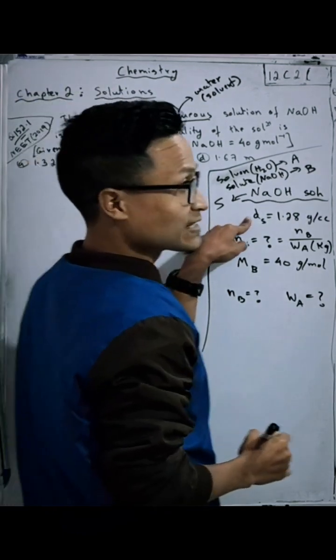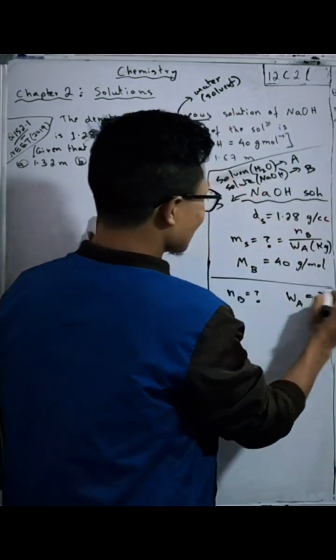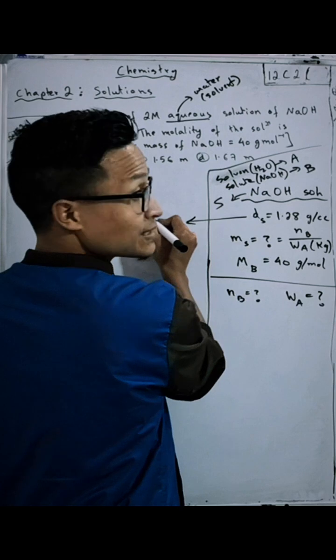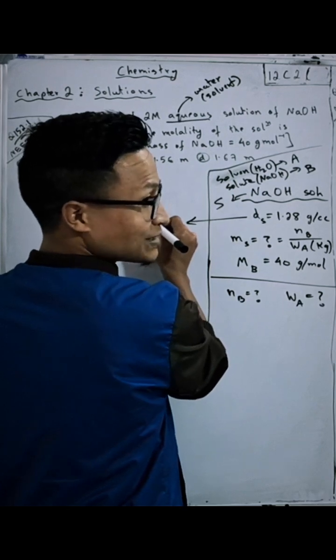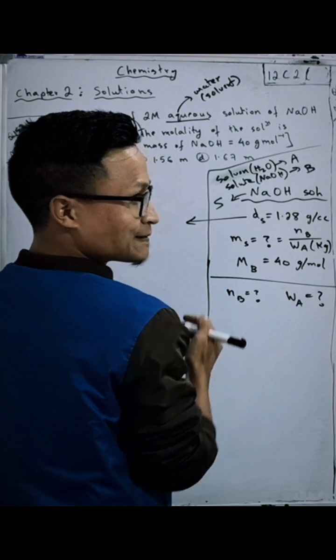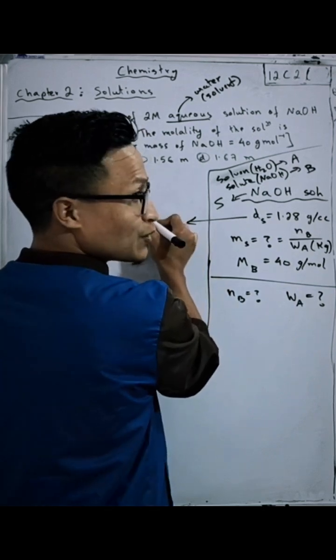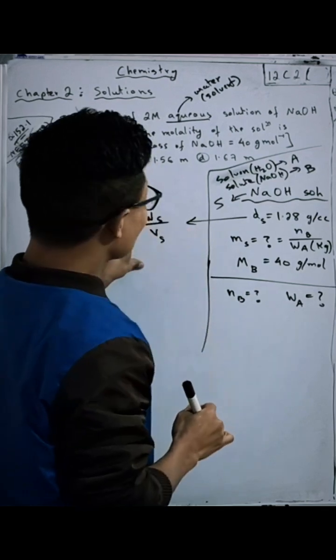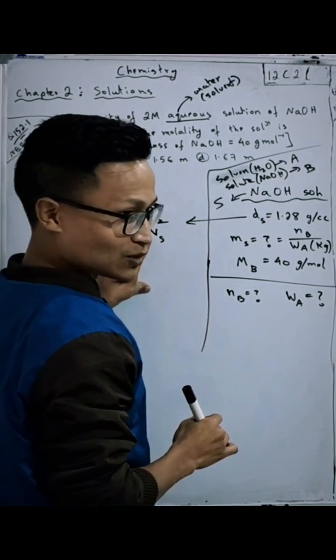The density is given here. The density of the solution is Ws by Vs, the mass of the solution by the volume of the solution.